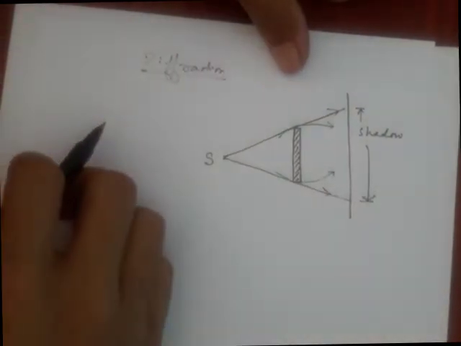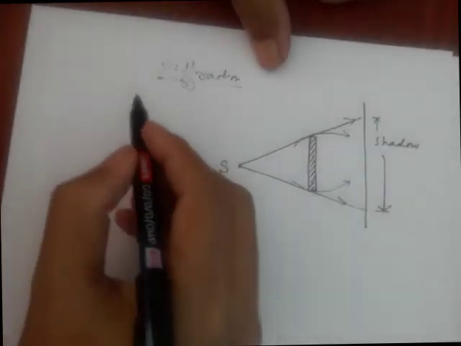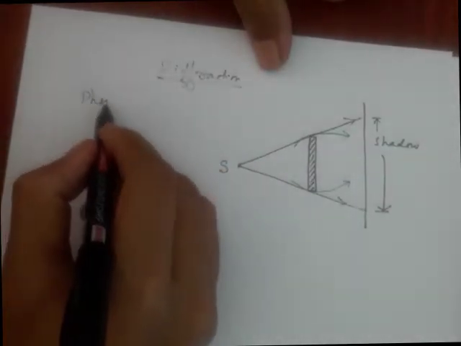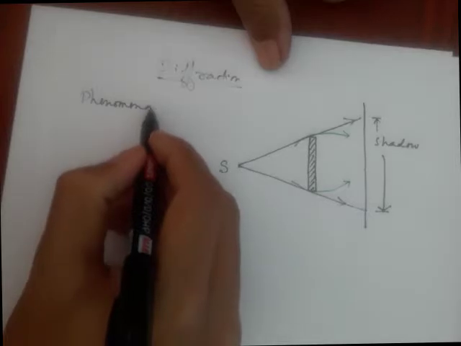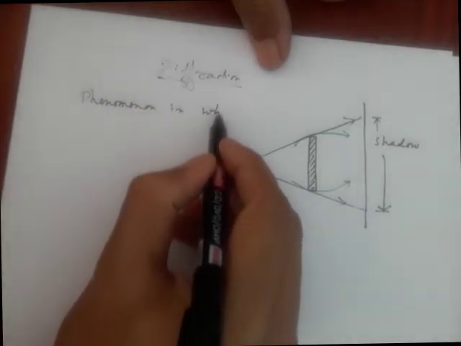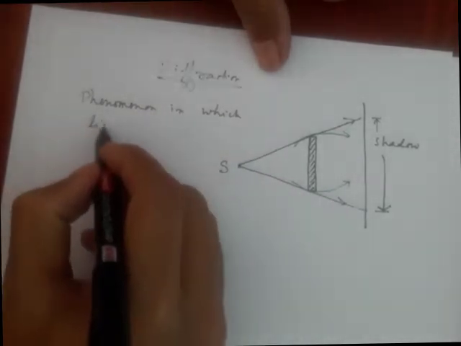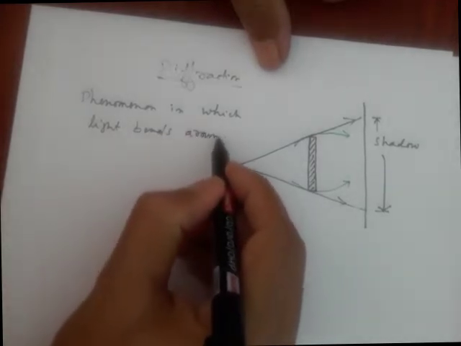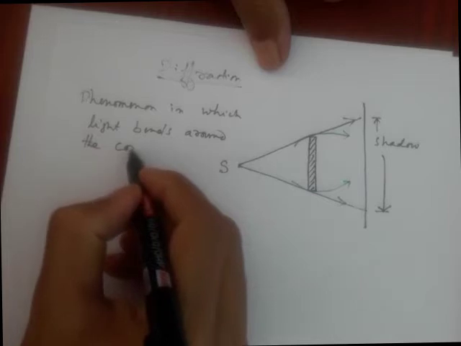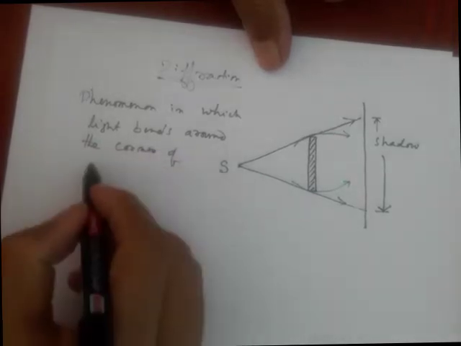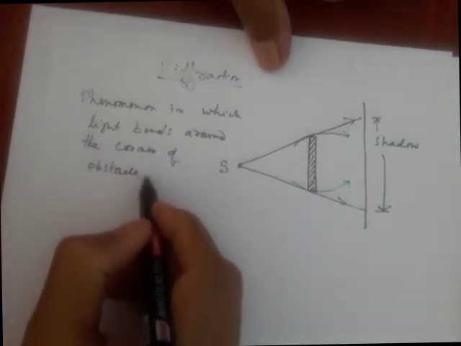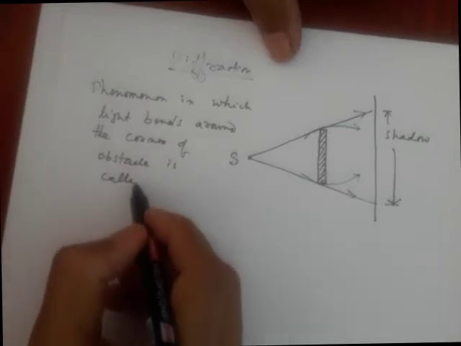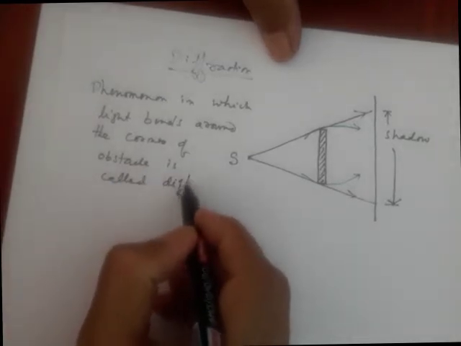To summarize, let me write very briefly here: the phenomenon in which light bends around the corner of an obstacle. This is what we call diffraction.